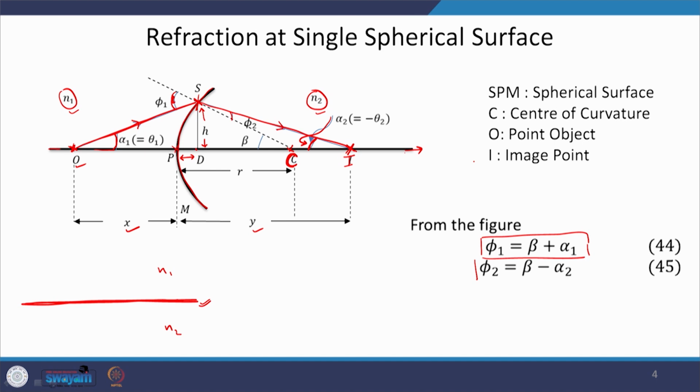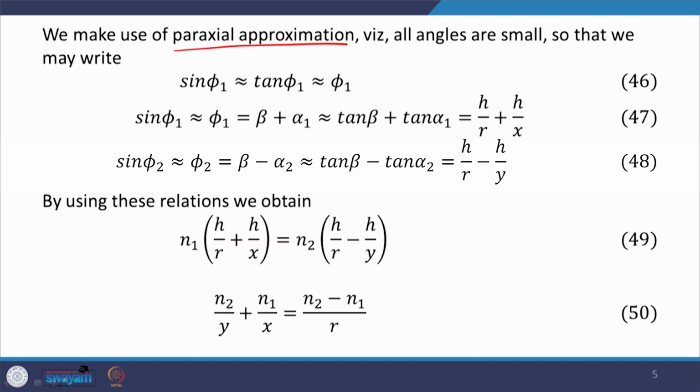Okay. Therefore, we will use this paraxial approximation, which says we consider only those rays which are very close to this principal axis.